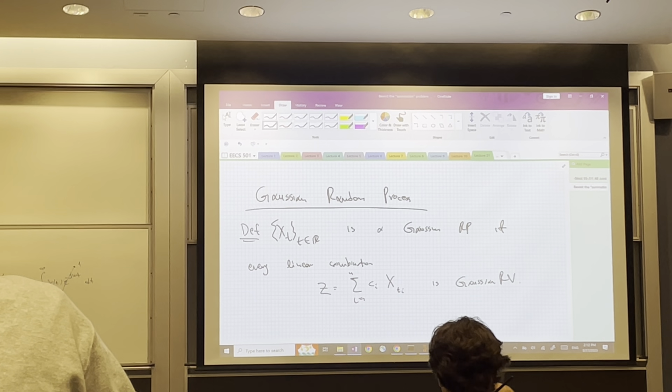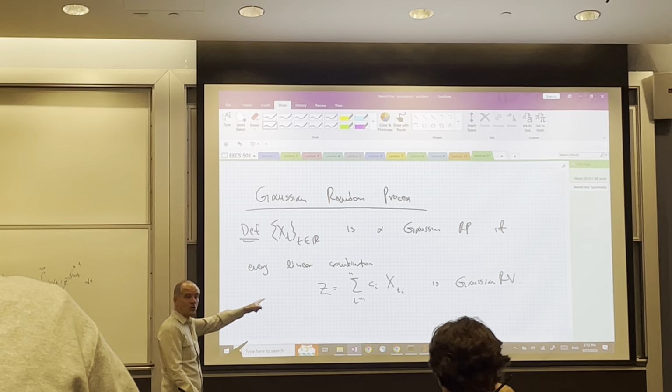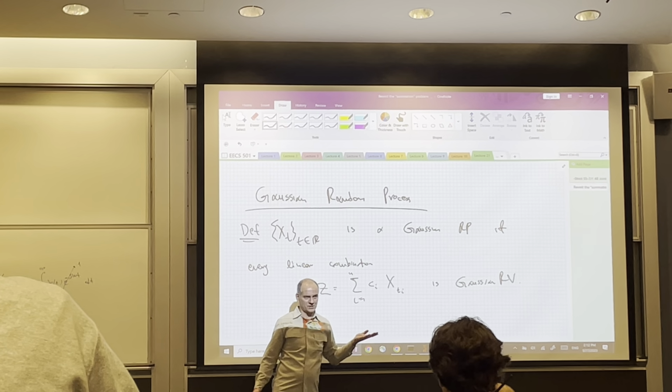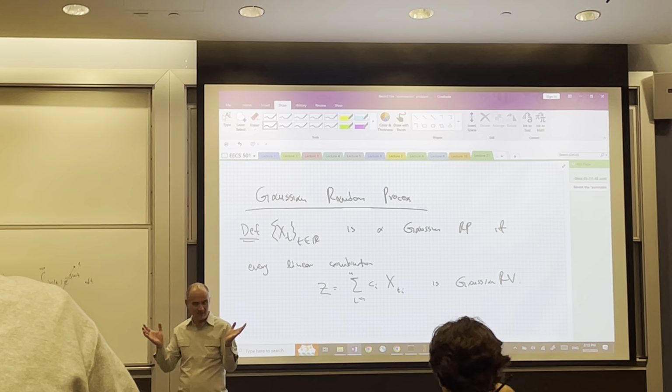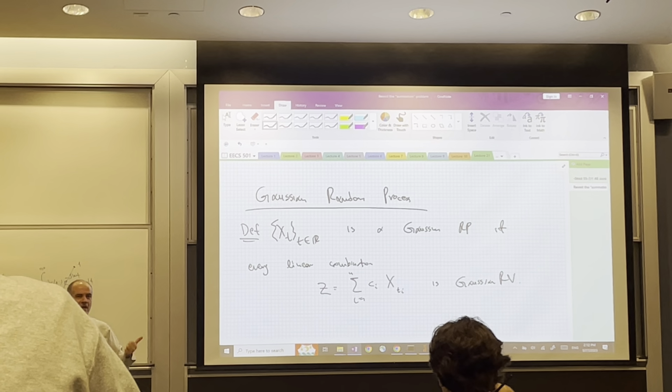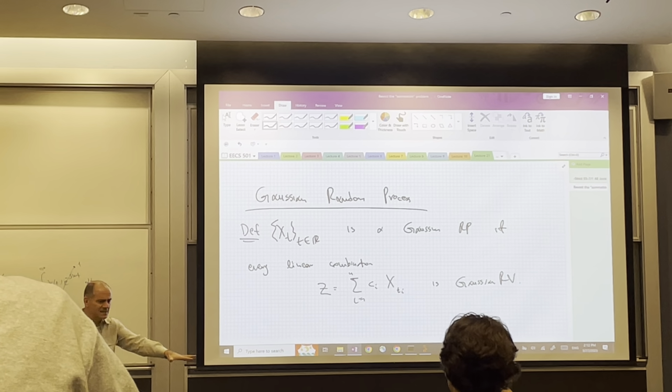Because what is the definition of n random variables x1 to xn being jointly Gaussian? How did we define jointly Gaussian random variables? With the same summation. If any linear combination of these random variables is Gaussian. That was our general definition, right? And so here this says that a random process is Gaussian if any samples, any number of samples you take, are all jointly Gaussian random variables. That's it.